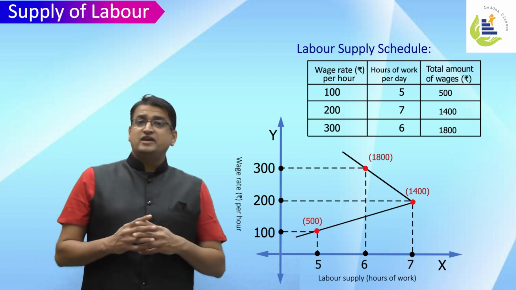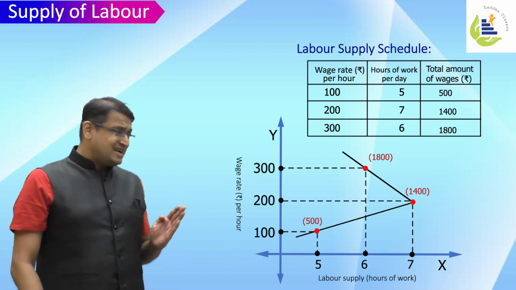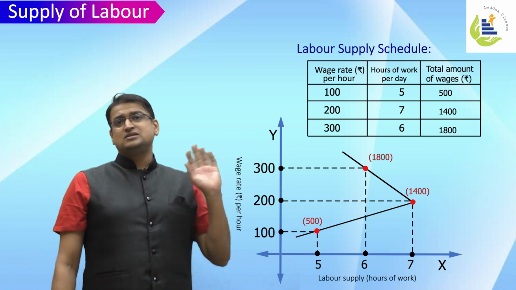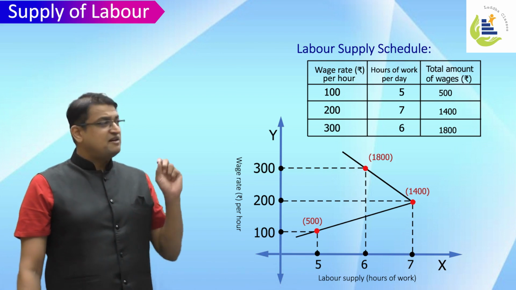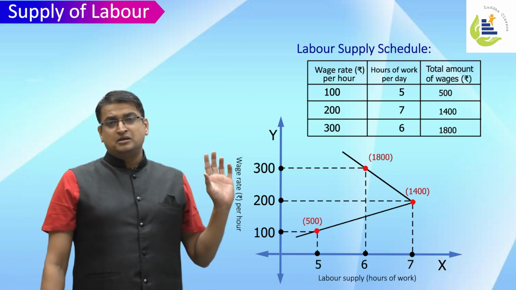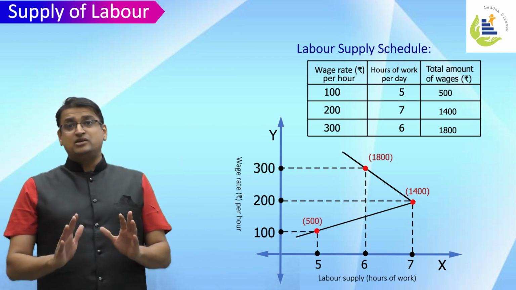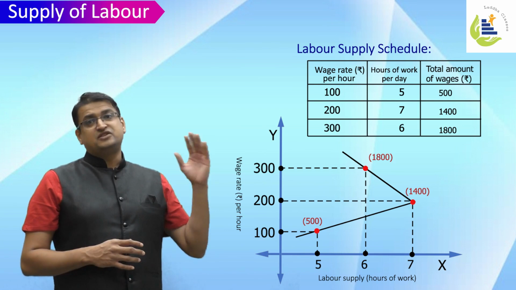So in the case of the wage rate, what do we understand? That up to a specific point, the wage rate and the number of hours, or labor supply, are increasing, both having a positive relation. But after some point, leisure comes into the picture and the laborer tends to prefer leisure to work, and the graph shifts backward.